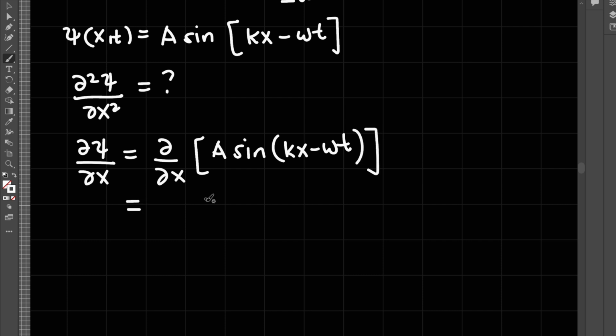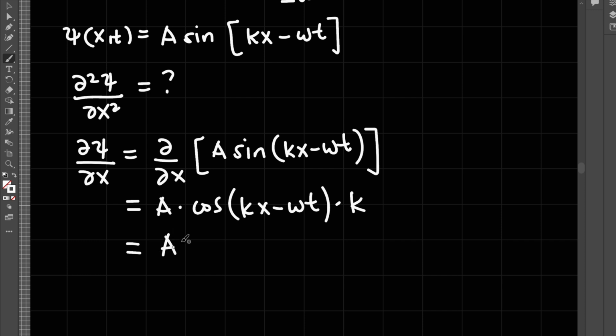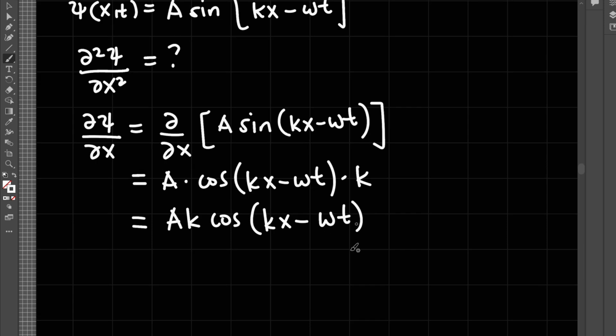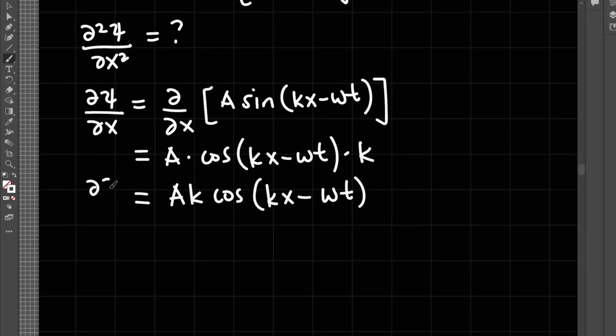This is equal to A times cosine kx minus omega t times the derivative of the argument, which is k. So this is equal to Ak cosine kx minus omega t. So this is equal to partial of psi over partial of x.